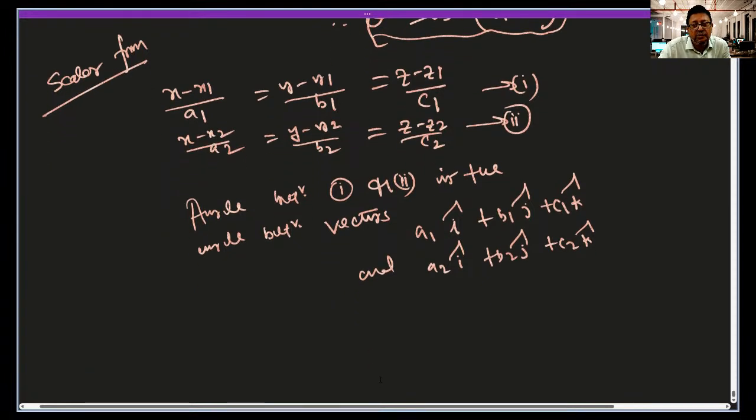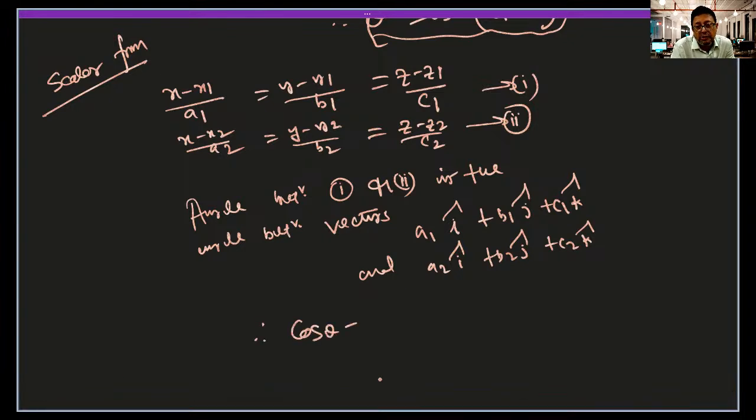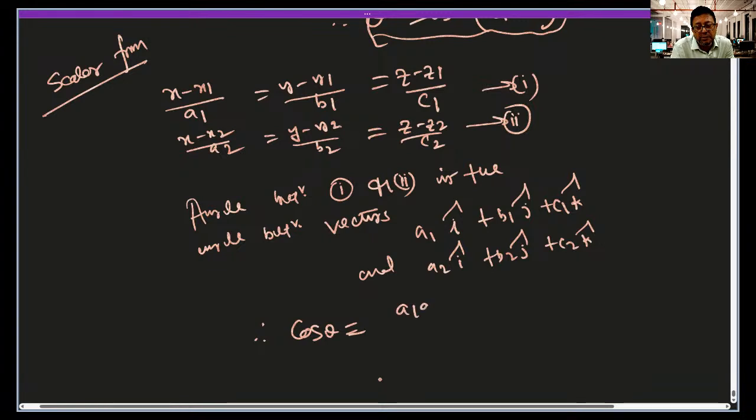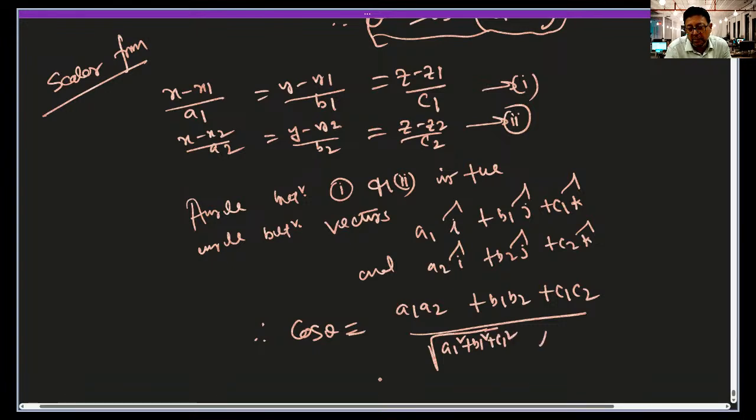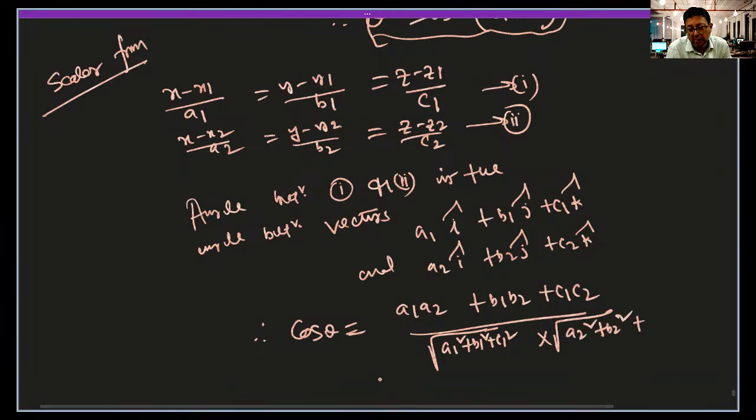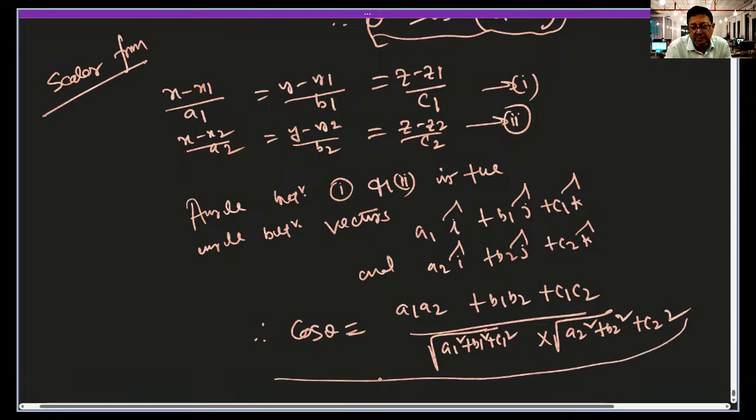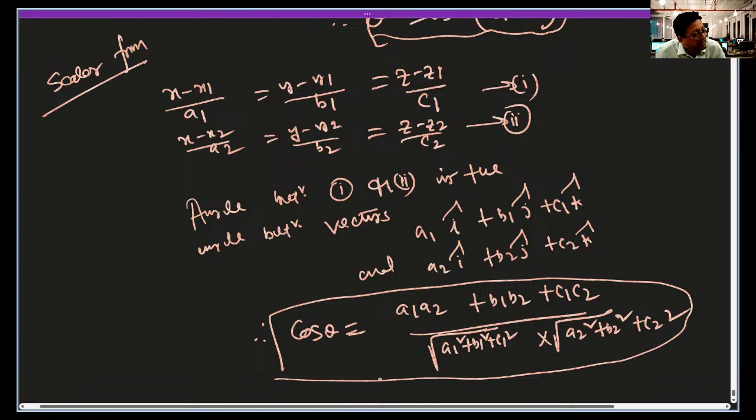So again the same thing, cos theta equal to the dot product of these two by the product of magnitudes. This is the answer for angle between two lines in scalar form.